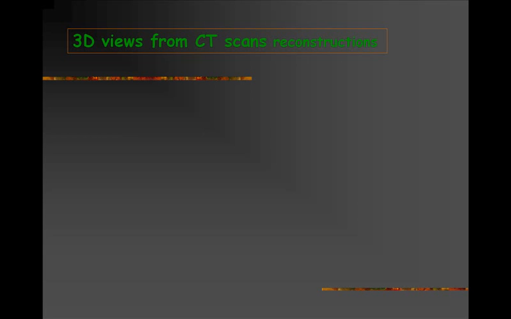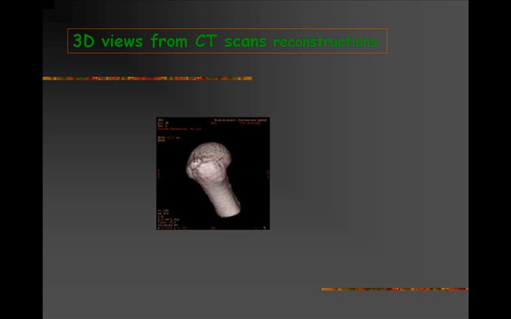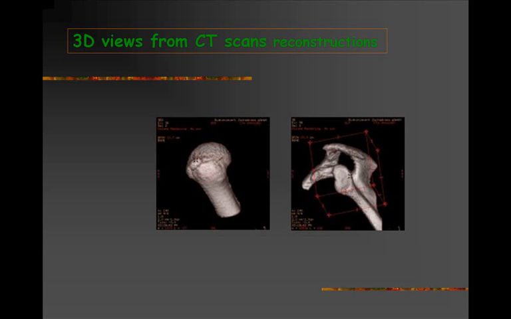CT scans are also used for visualization of the upper limb structures. Here we see two examples of 3D views of CT scan reconstructions that depict the upper end of the humerus on the left side and the scapula on the right side.